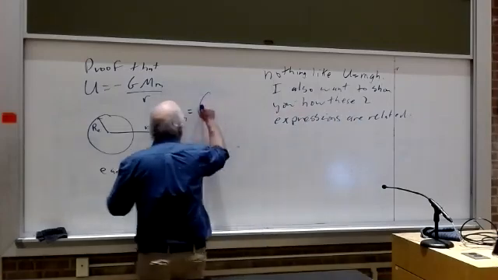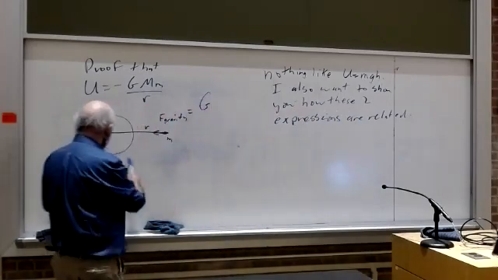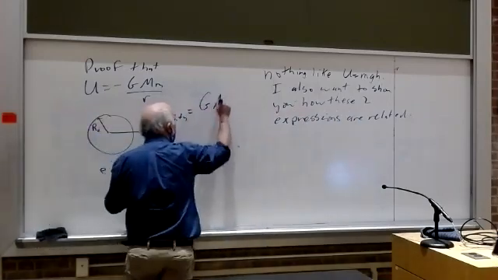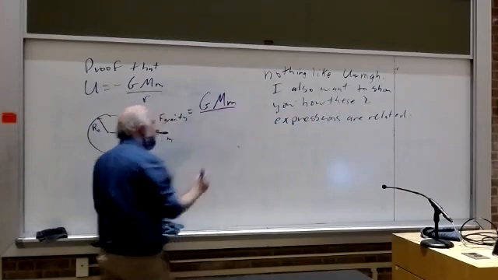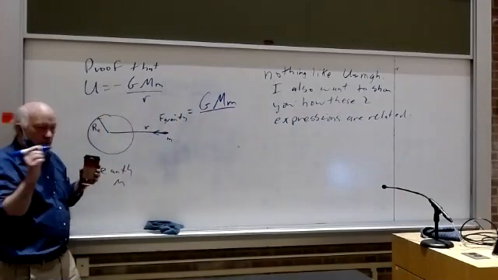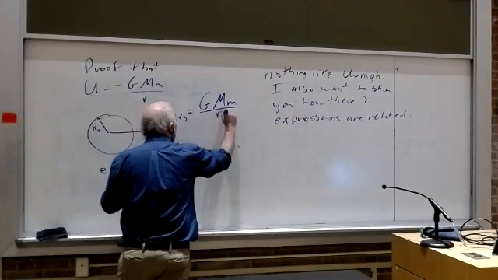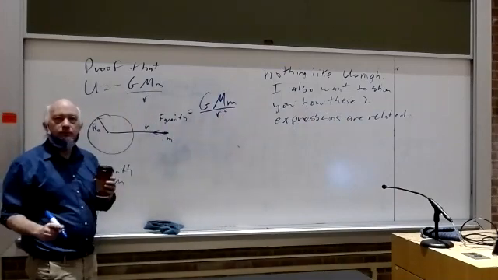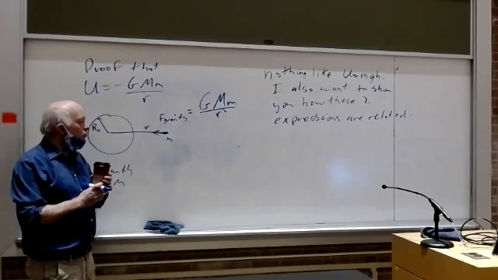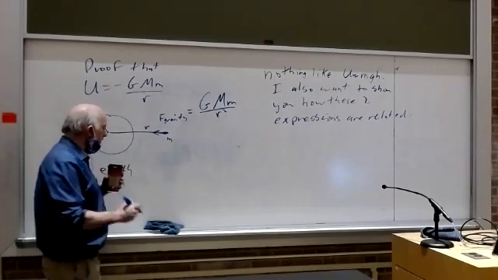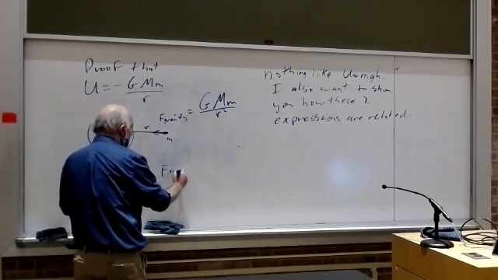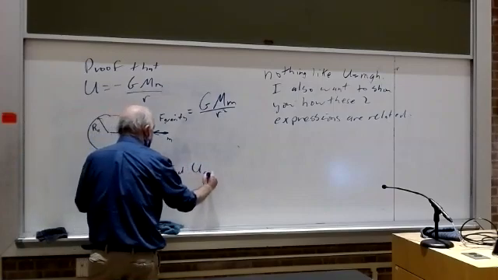Yeah, big G, M1, M2 in this case, big M, little m, over R squared. Okay, so that's the force. And what I'm going to do is I want to now find U due to gravity.